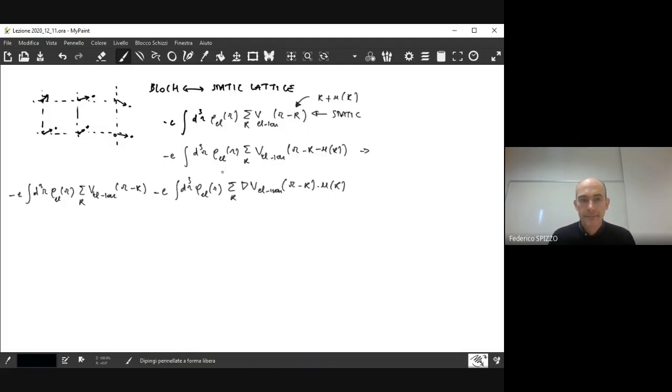Due to the fact that the deviation from equilibrium within the parenthesis has a minus sign in front, when you make the derivative, this minus sign appears here, and due to that, this minus E is transformed into a plus E. So this plus here is due to the combination of the minus sign of the charge and the minus sign coming out from the derivative, when you make the gradient here. And in general, one stops here.